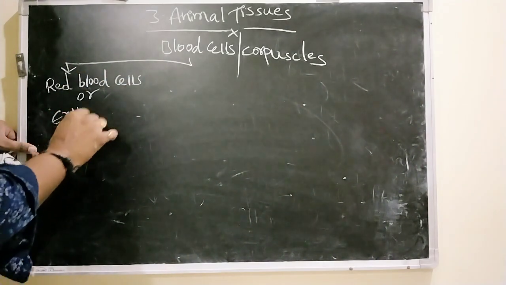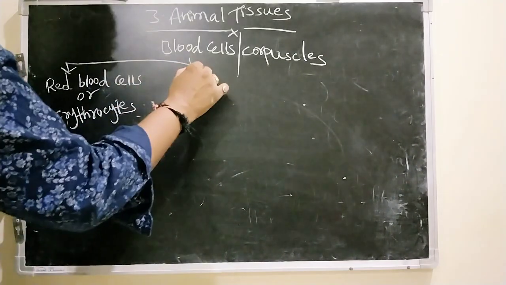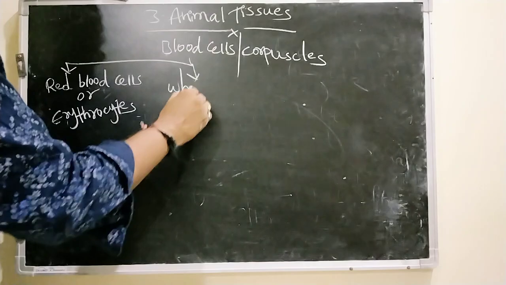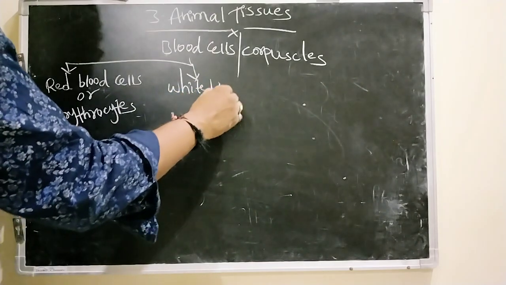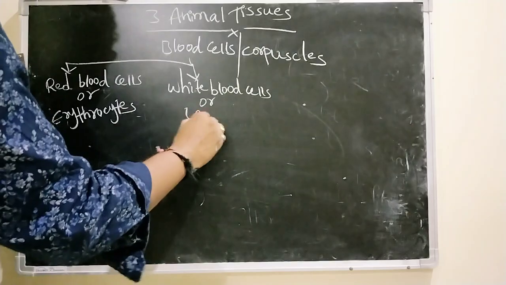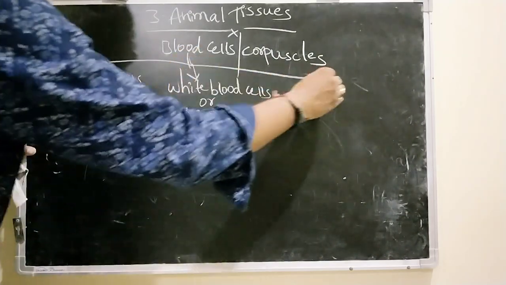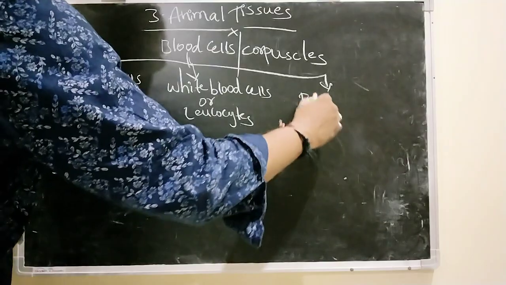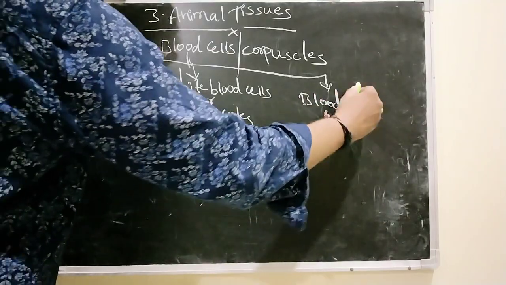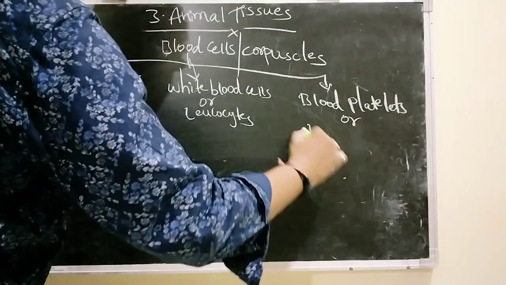Next, white blood cells or leukocytes. And third, blood platelets or thrombocytes.